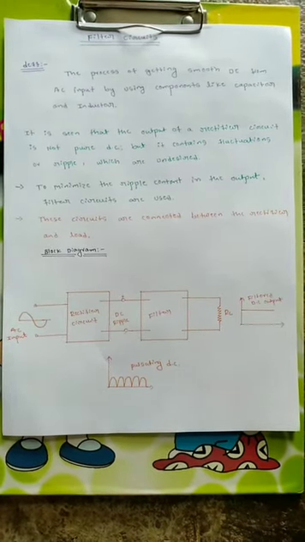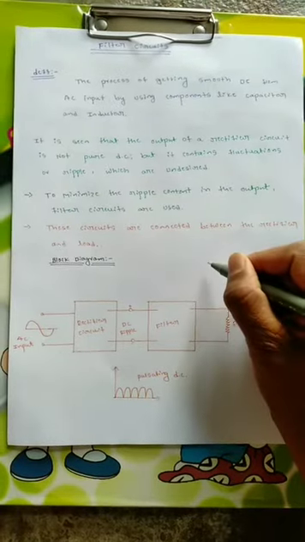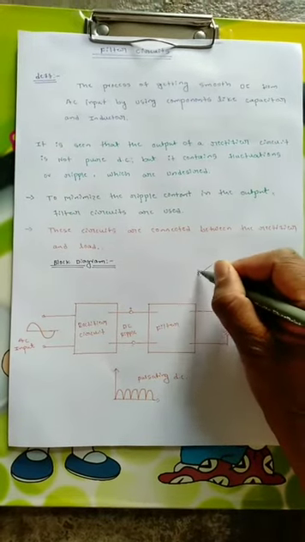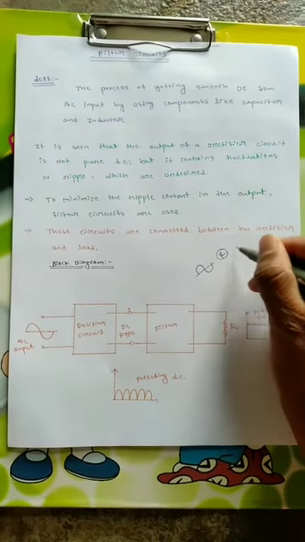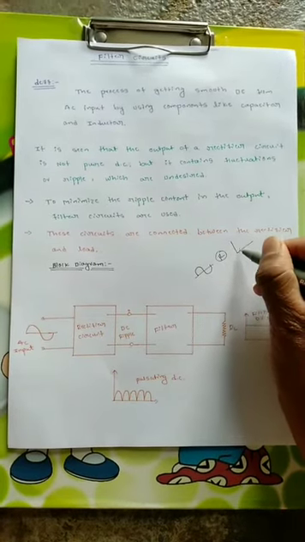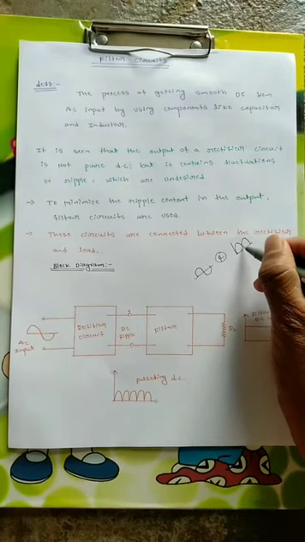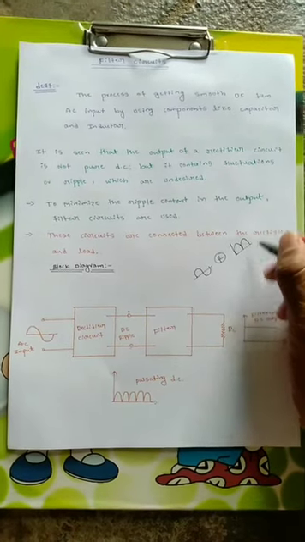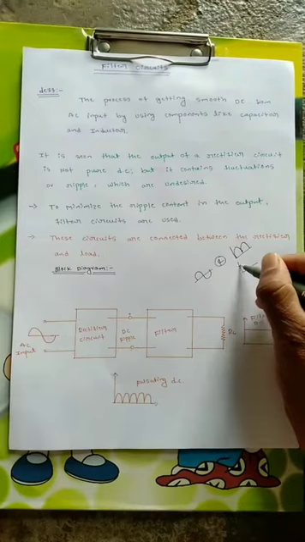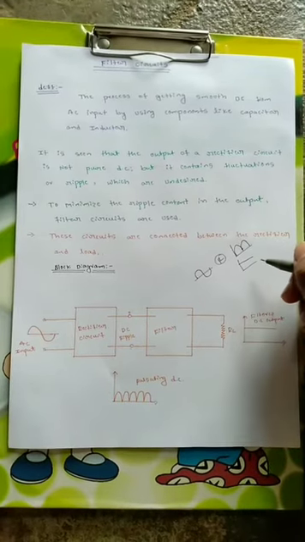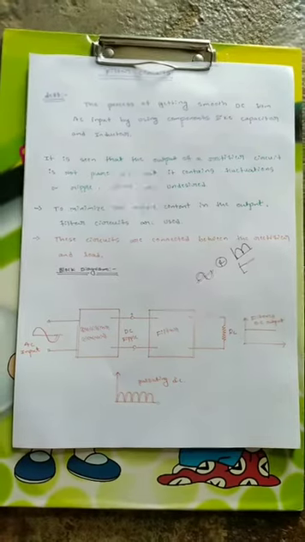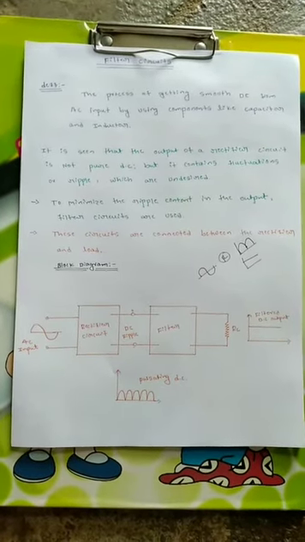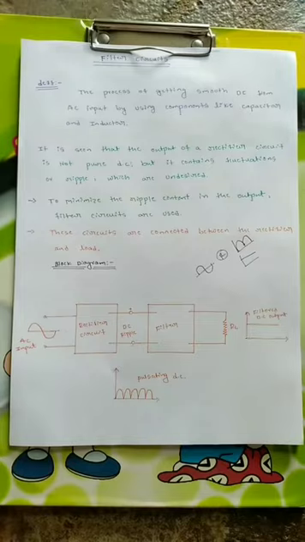As we all know, rectifiers convert the AC waveform into DC. When you put a rectifier here, it is converted to a DC. This is the pulsating DC. Pure DC is nothing but a straight line, which is desired, but pulsating DC means that between two cycles the output comes to 0 and again increases.